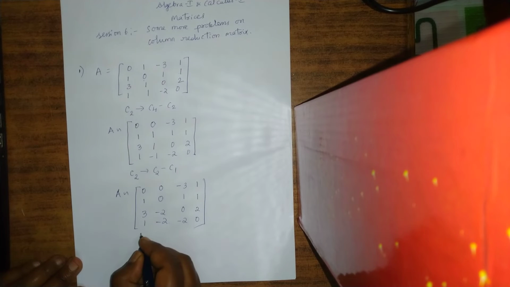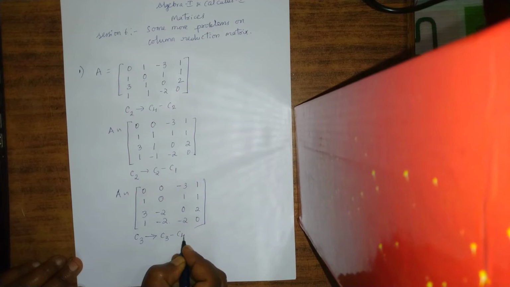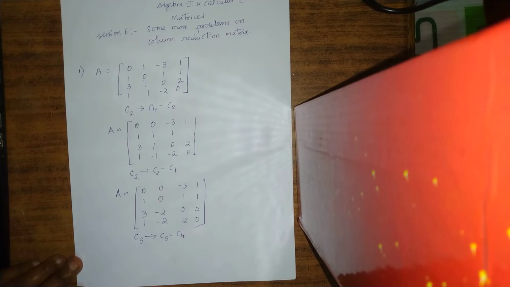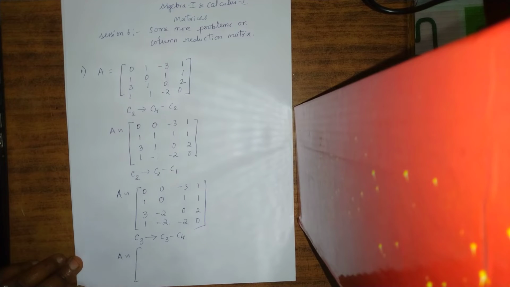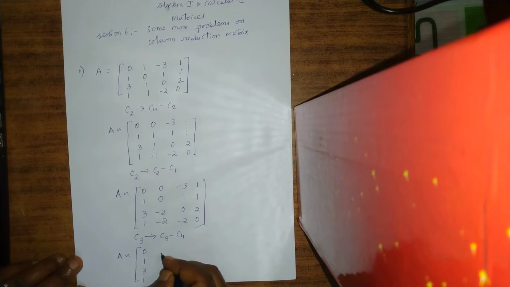Now let us make some changes to C3, that is C3 minus C4. Let us check which elements get cancelled or become 0. The first column is 0, 1, 3, 1. The second column is 0, 0, minus 2, minus 2.